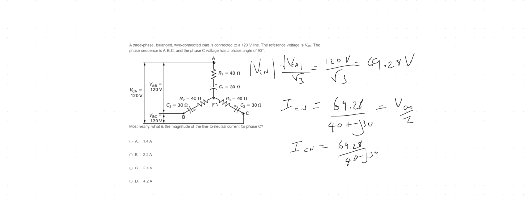You need to save your time and energy. So doing things like plugging it in the calculator makes it easier, right? Once you set it up, you plug it in the calculator.